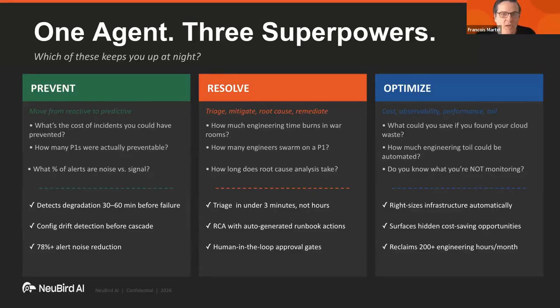So there are three things that we're going to deliver on, right? The first is prevention. I'll show you in the demo what that looks like, but it's basically leveraging the reasoning capabilities of LLMs in order to look at trends and historic data.